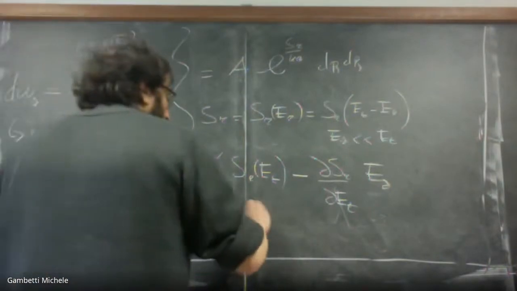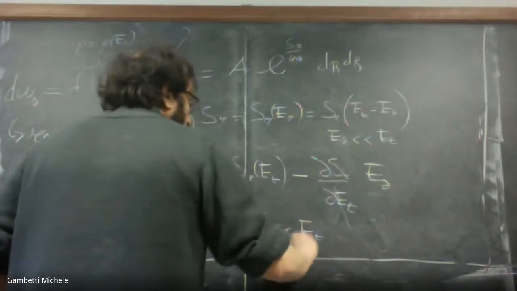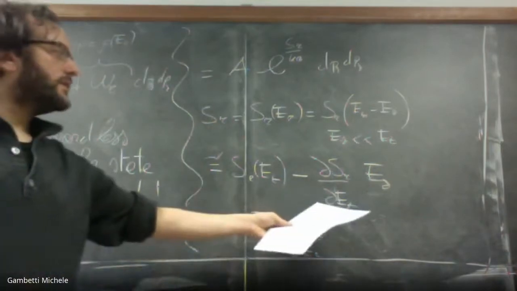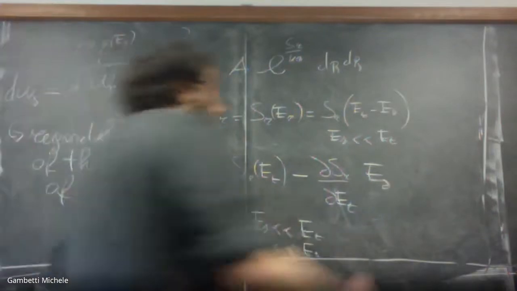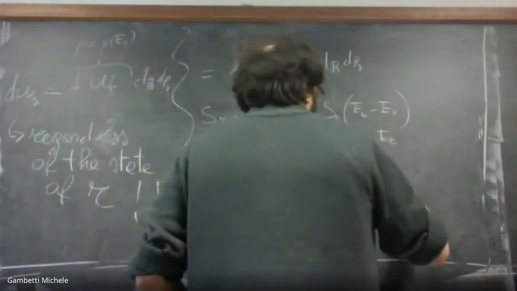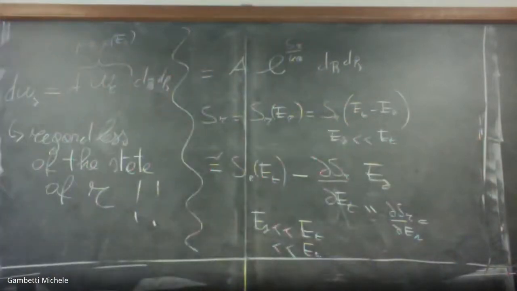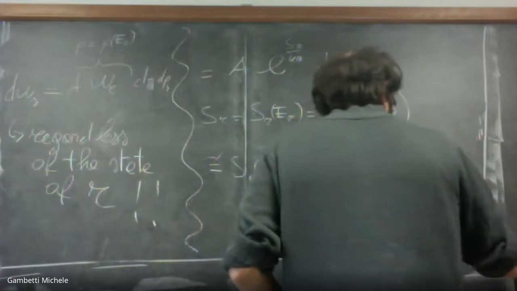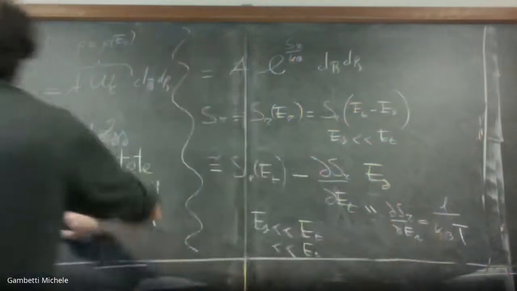Now, ES is much smaller than ET, and is also much smaller than ER. Therefore, the derivative of SR with respect to ET is also the derivative of SR with respect to ER. And this, by definition of temperature, is 1 divided by kBT. Okay? Where this T is the temperature of the reservoir.